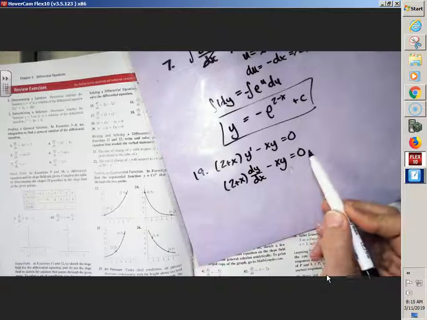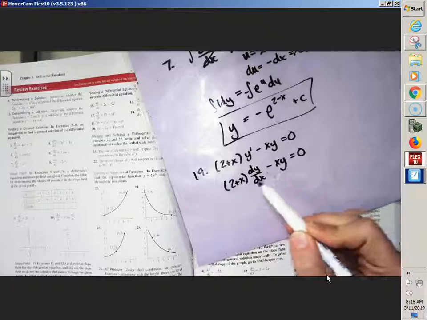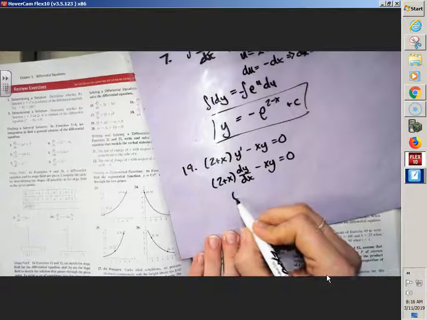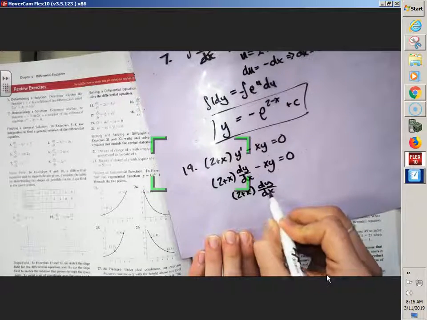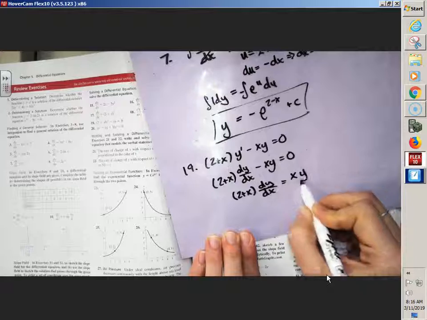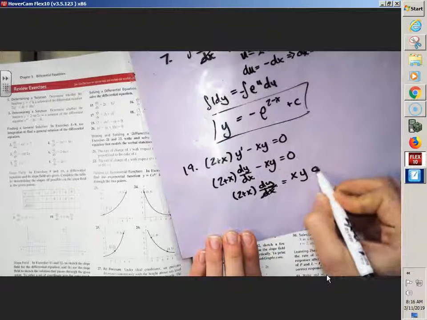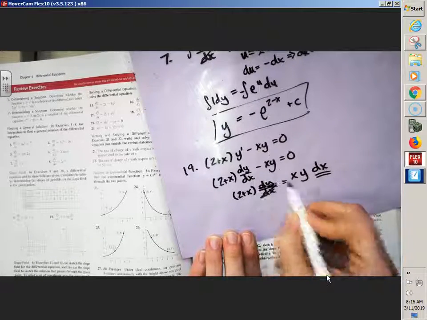Yeah, move it to the other side. We want one clump on one side, one clump on the other. We don't want this dy dx in like a partial. If we just move the xy to the other side, why is it now good to multiply the dx? Haven't I now established where the dx should go and where the dy should go?